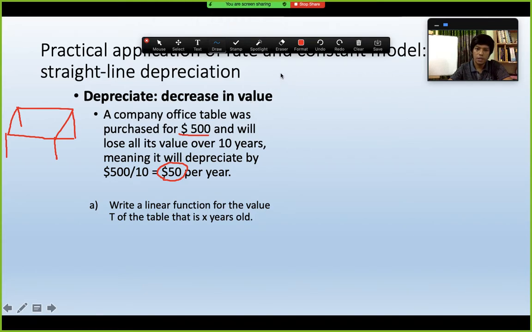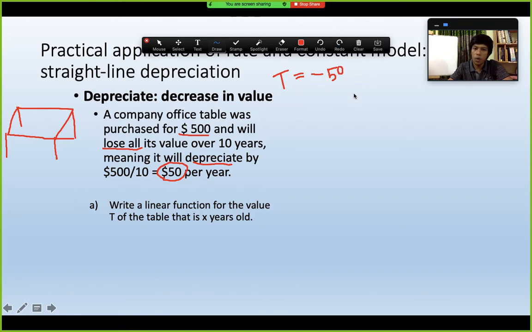In this case it is t, but in some other case it can be y or something like that. So the question is t equals what will be remaining. You see this per year, and the table depreciates. Lose means decrease. So decrease means minus 50 every year.